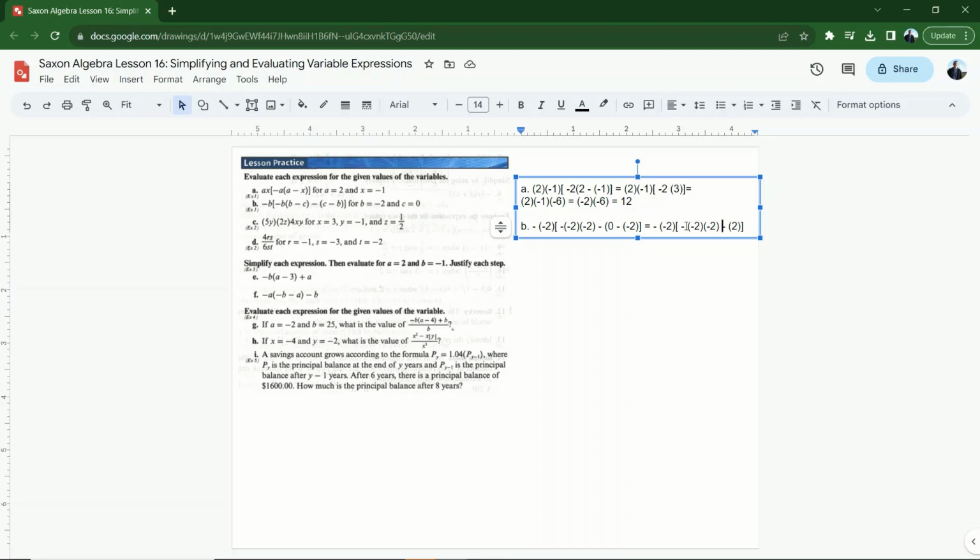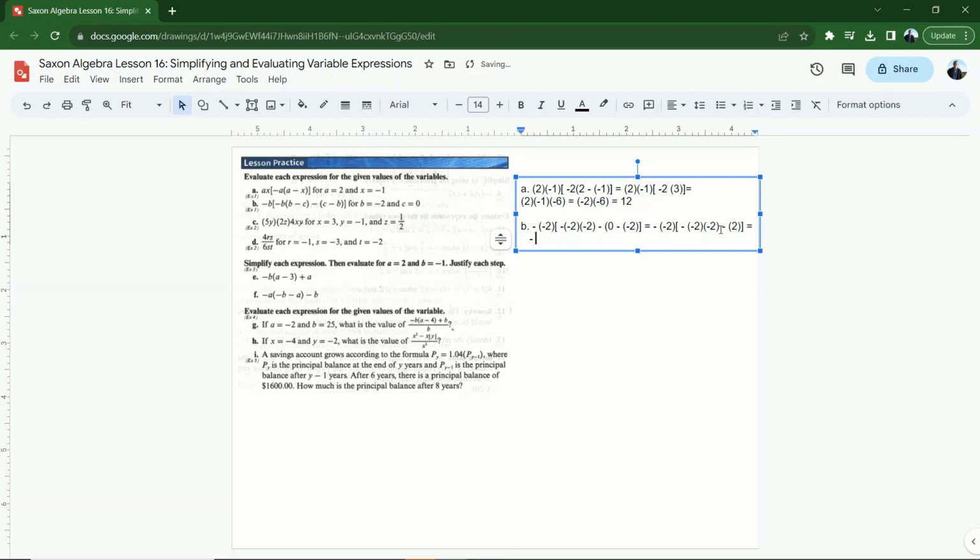Okay, so the next thing I need to do is what's in these brackets, and now I'm going to multiply these three things together before I do my addition subtraction over here. So we'll go down to the next line. I'm still going to have my negative times -2 out front.